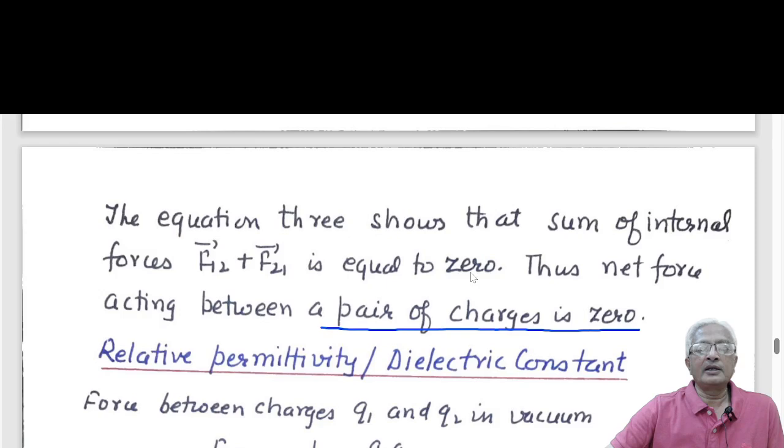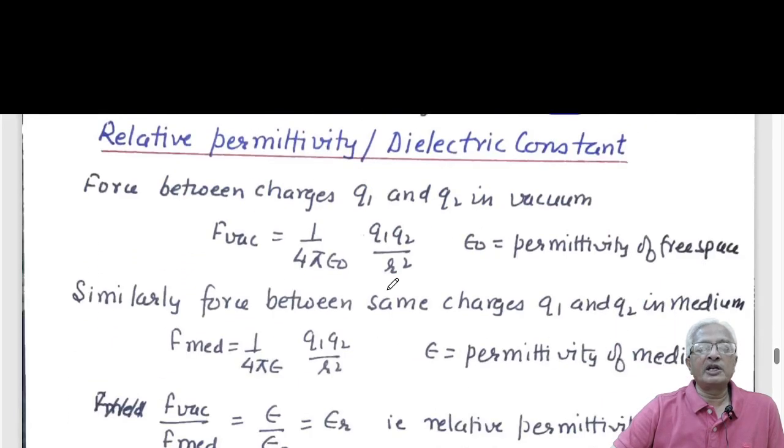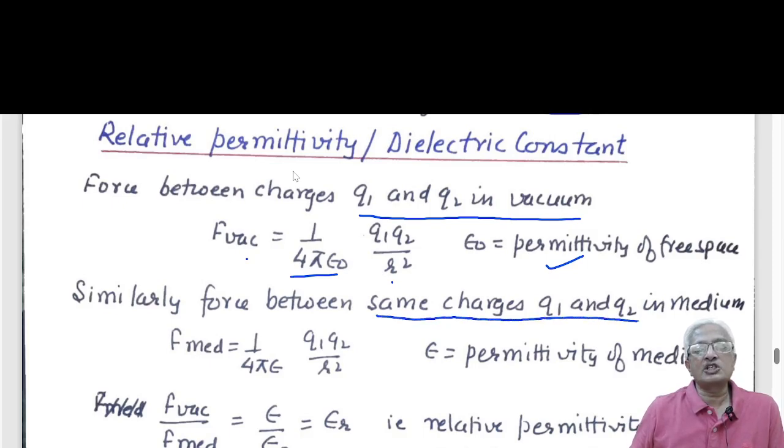Now I want to define relative permittivity or dielectric constant. What I do is calculate the force between the two charges Q1 and Q2 in vacuum. So force in vacuum is 1 upon 4 pi epsilon naught, Q1 Q2 upon r square. What is epsilon naught? Permittivity of free space. Similarly, the force between the same two charges Q1 and Q2 in a medium is 1 upon 4 pi epsilon, Q1 Q2 upon r square.